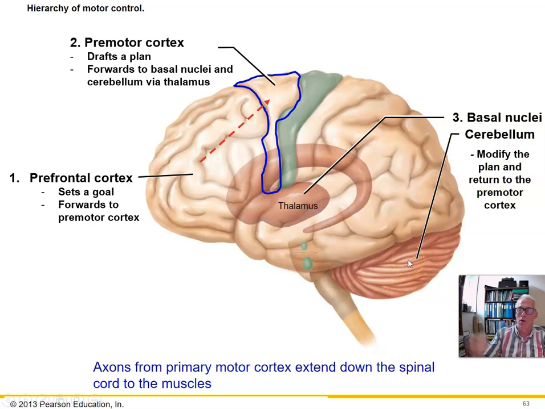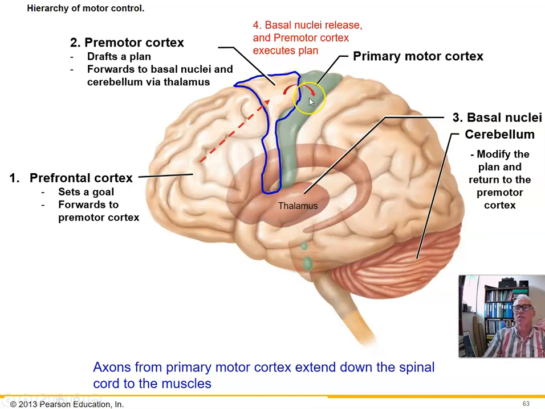Remember, the cerebellum has all the proprioceptor information, and it can enhance, modify, and increase the accuracy of the motor contraction plan, which will then be returned to the premotor cortex. So we send information to the basal nuclei and to the cerebellum, get an update, and then by way of the thalamus get back an enhanced motor plan, and then execute that.